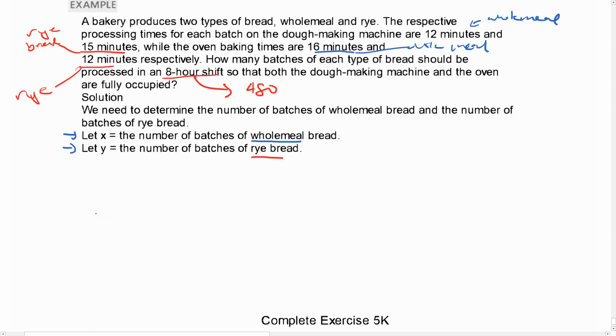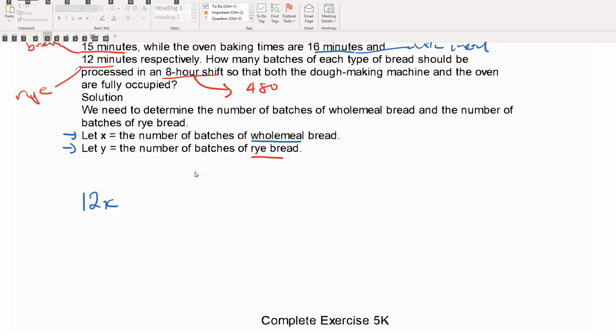So that means for the first one, it's going to be 12x. This should equal 480. 12x is the first part.